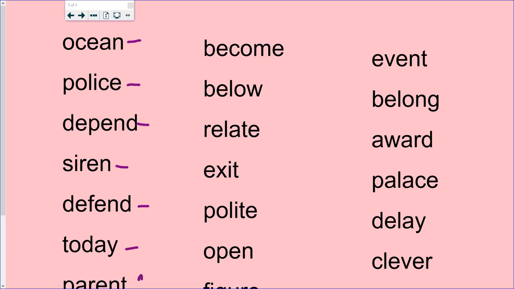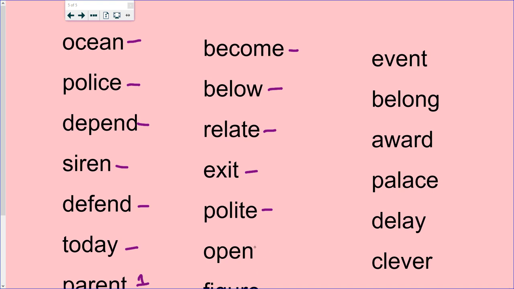Parent, we already said that goes in section 1, so I'm going to put a 1 next to it. Parent. Become. Below. Relate. Exit. Polite.